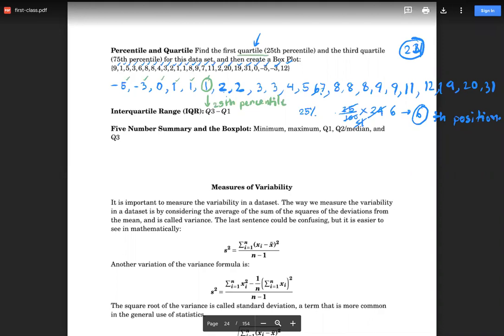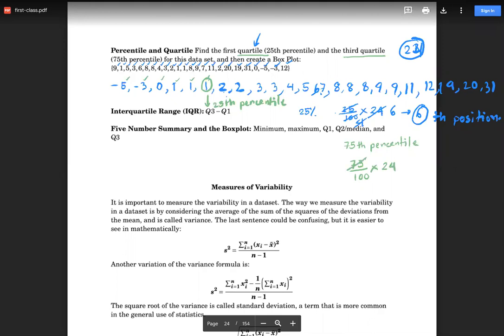How about the third quartile, which is 75th percentile, right? So it's going to be 75 over 100 times 24.